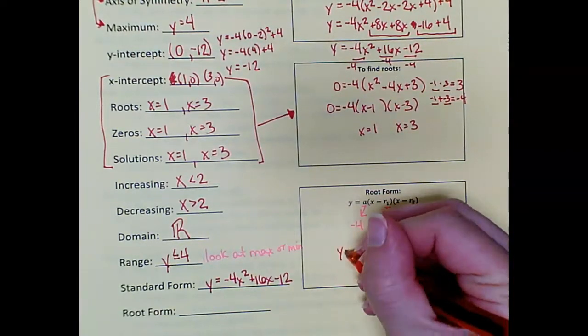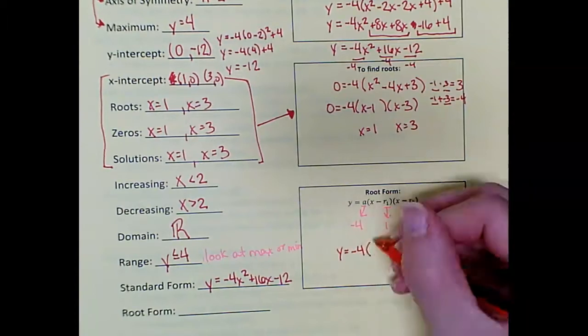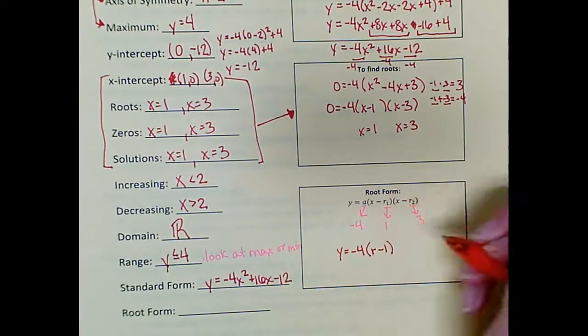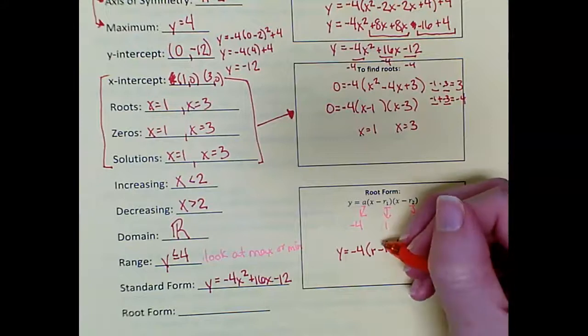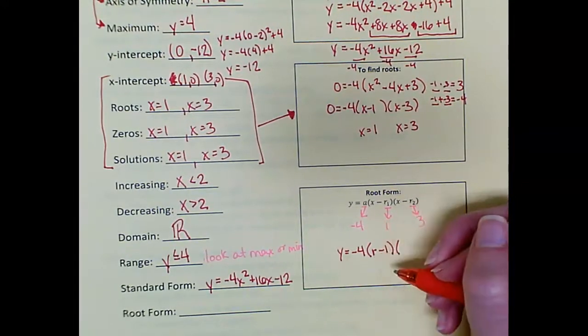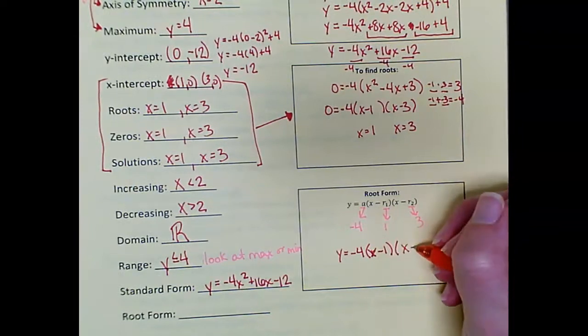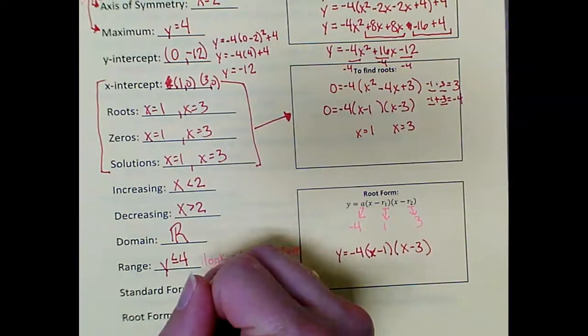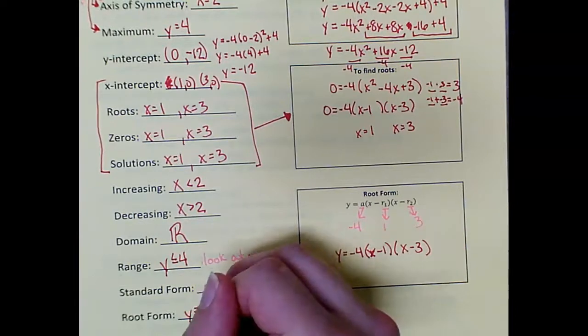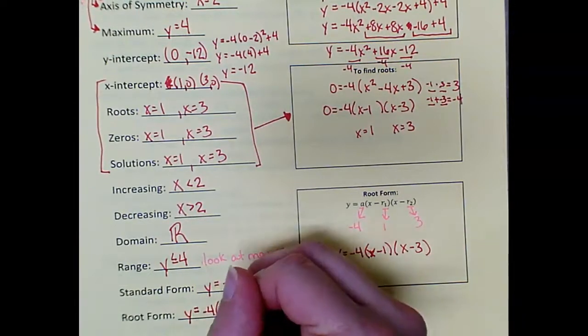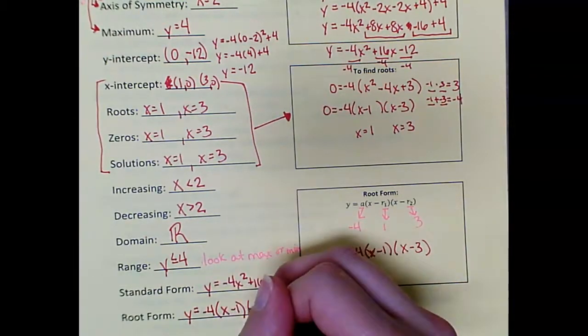So this is y equals negative 4 times x minus 1 times x minus 3. That's my root form. So you can literally take your values that you have already found and just substitute them where they belong.